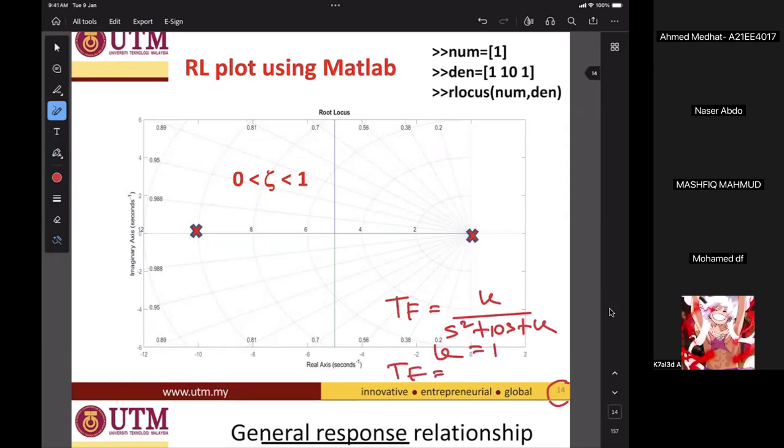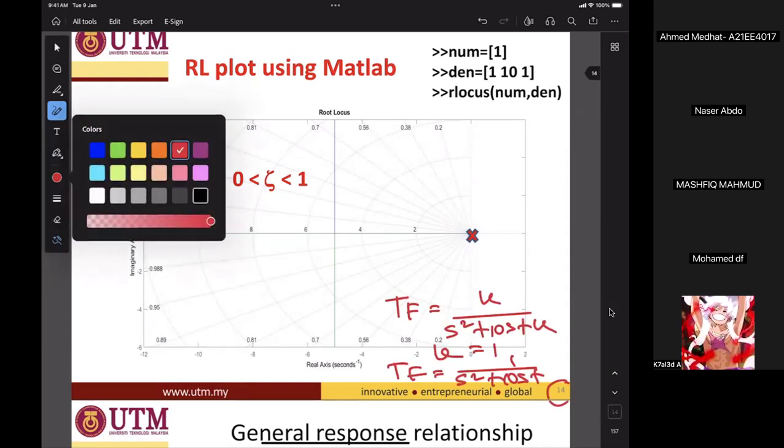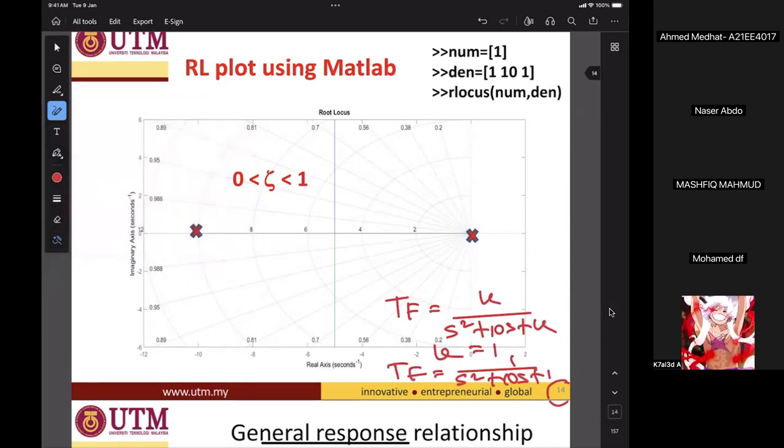So we plot plus 1. Okay, so we have the open loop poles, which are 0 and minus 10.